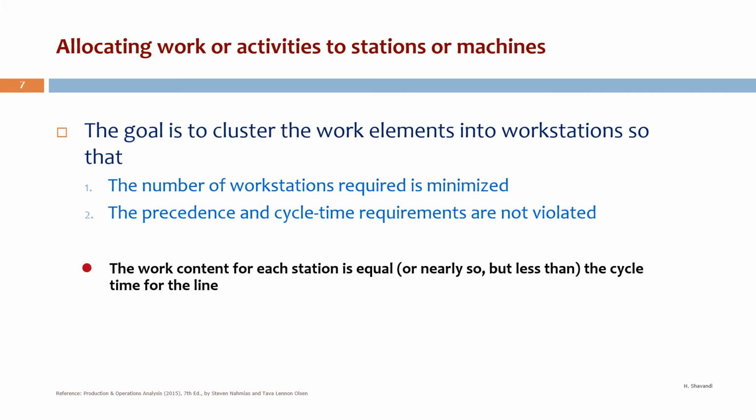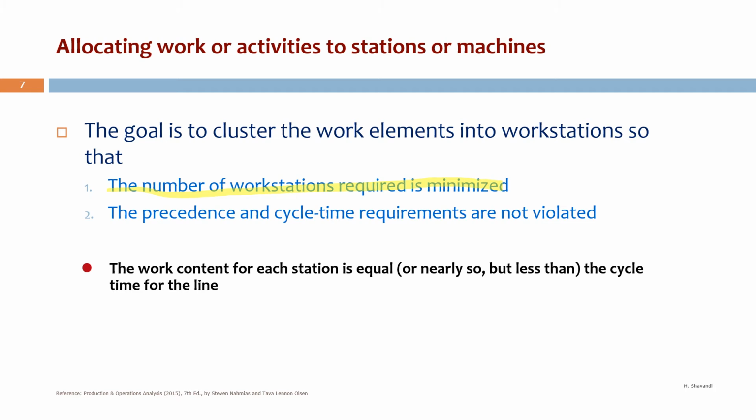Now, in order to group the tasks or work elements and then assign them to a workstation, we will consider these criteria. The number of workstations required is minimized. So we have a minimum number of workstations, right? It's N equals T divided by C. So that's the minimum, and we want to keep it if it's possible, or if we need to increase the number of workstations, we should minimize the number of workstations.